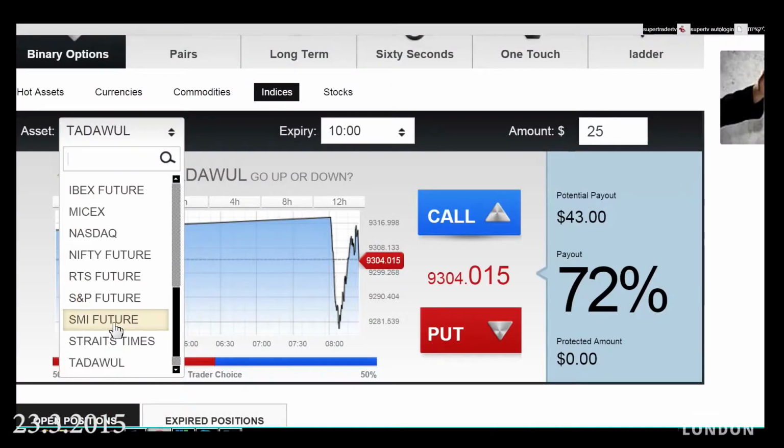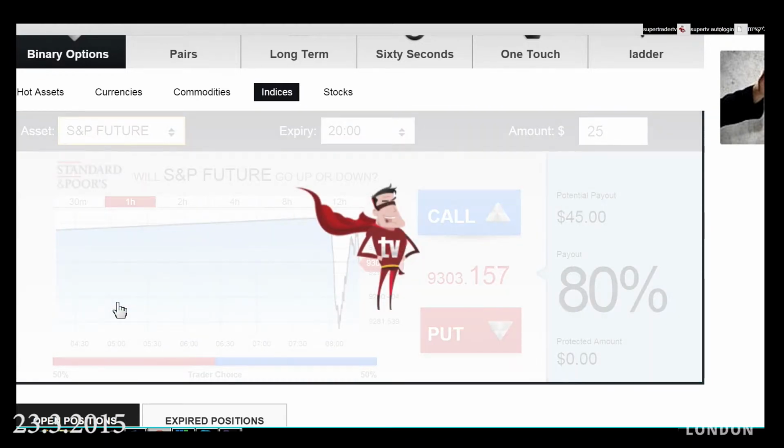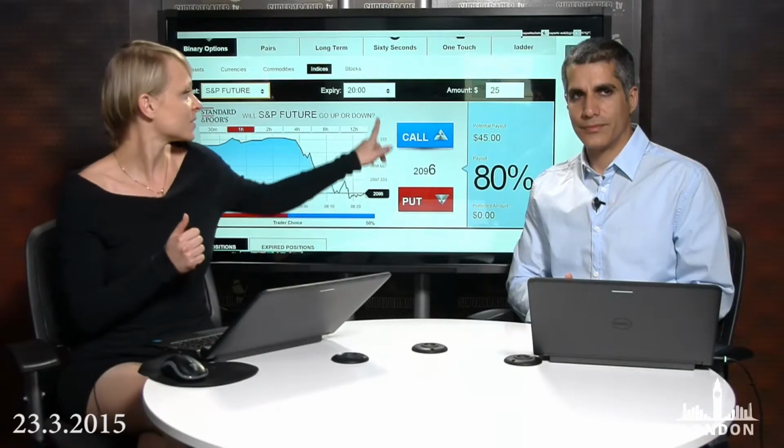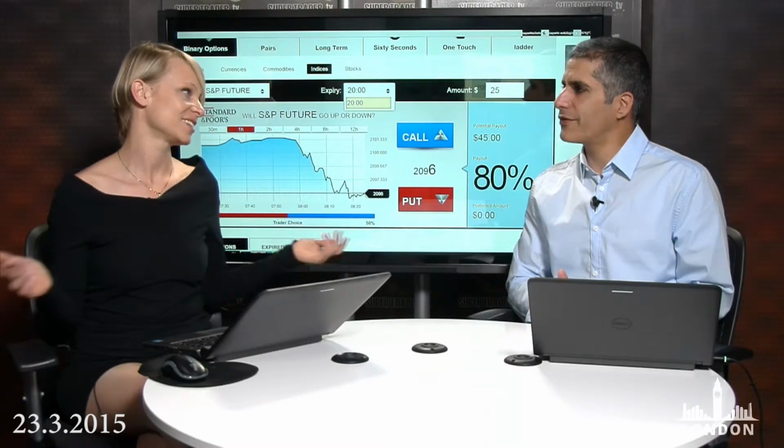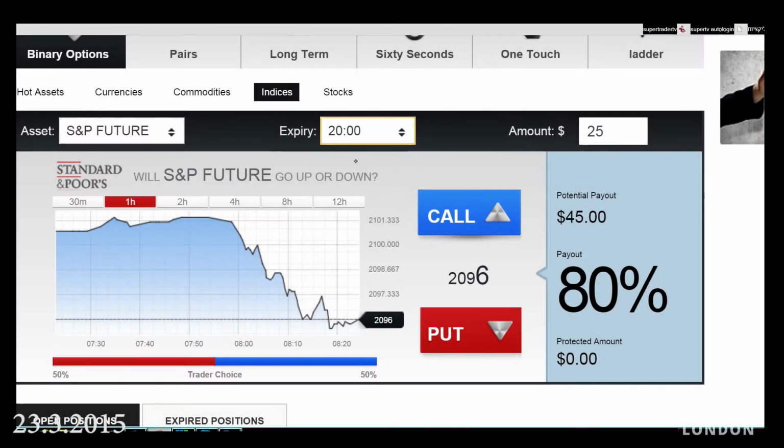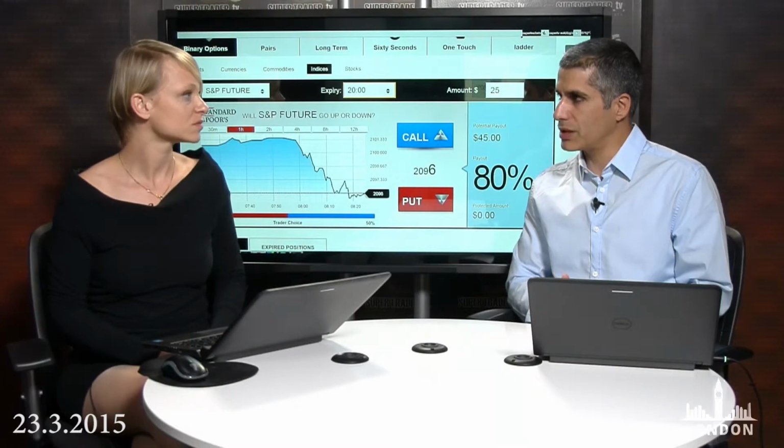And once again, we're shifting from currencies to indexes. Choosing the S&P 500 and going over the expiry list. Okay, not many possibilities that we have. No, it's perfect because, as I mentioned, until the end of the day, or at least until the beginning of the New York session today, I'm expecting that the S&P will pare its intraday losses.